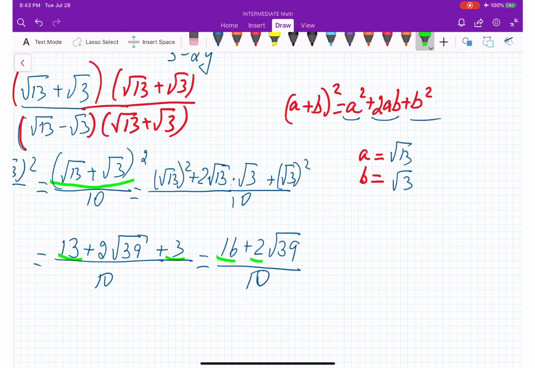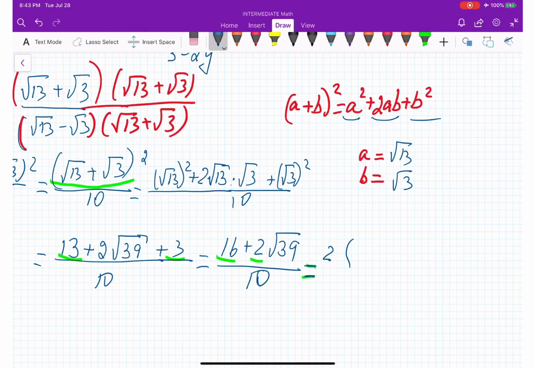Factoring by grouping. Okay. So between 16 and 2, the common factor is going to be 2. Actually, I have a better video. It's GCD and LCM. That's where you can find the common factor, at least common multiple.